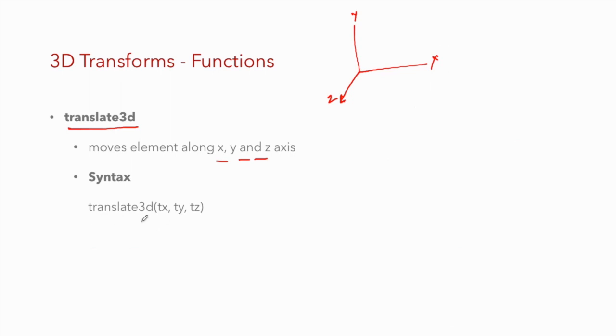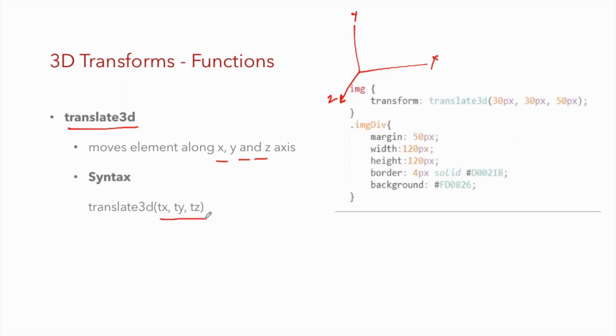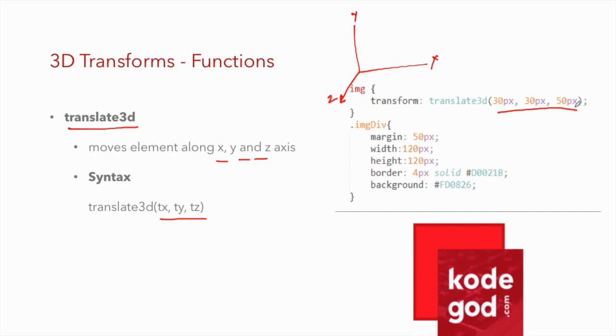To the translate3d function, you specify these three values. This is our code, and I have specified three values over here, and this is the output. This was the original place of the image, and it has come out a little now. So it has moved along these three axes. Again, these values can be negative also.